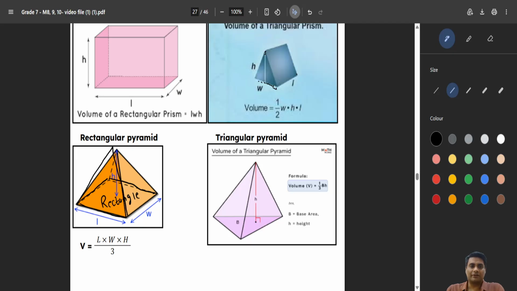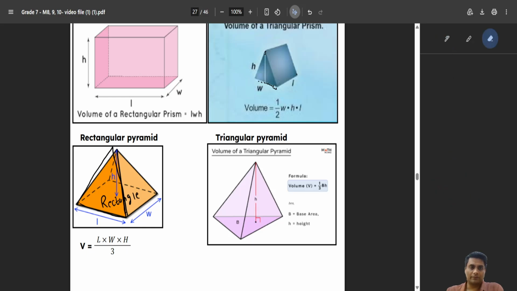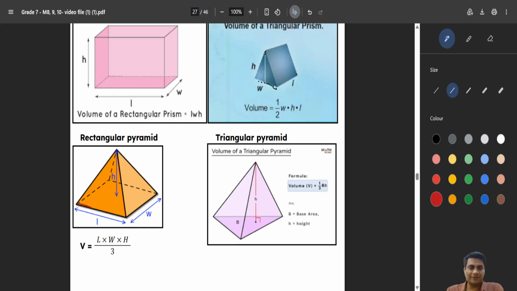One triangle here. Let me take a different color. So you can see from this side of the rectangle, a triangle is made here, then a triangle is made here also, right? A triangle is there at the back also, and there a triangle in the side also, right?